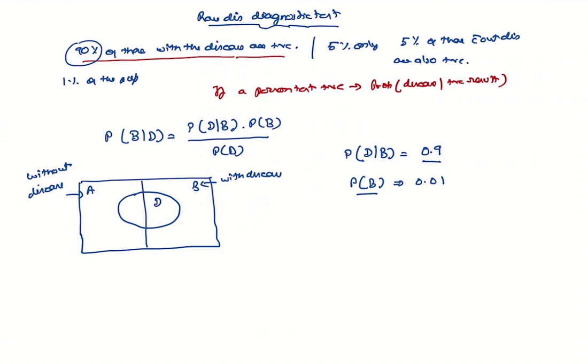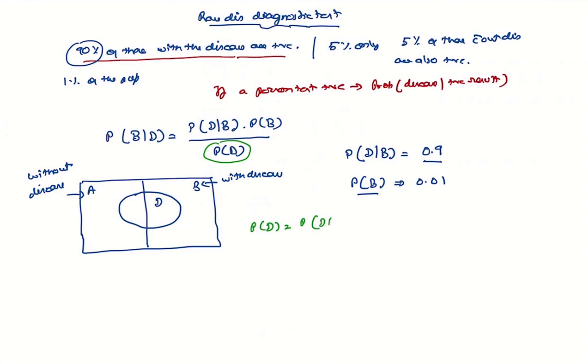So the only thing left for us to know is probability of D, which is going to be probability of D intersection B plus probability of D intersection A, which we know is going to be probability of D given B times probability of B plus probability of D given A times probability of A. Now probability of D given B is 0.9 times probability of B, which is 0.01.